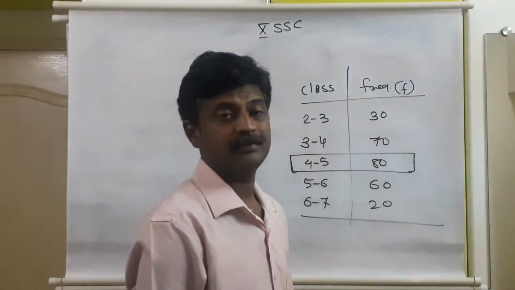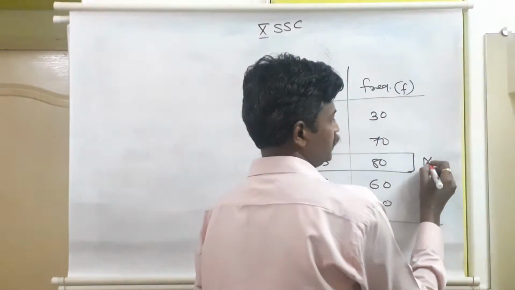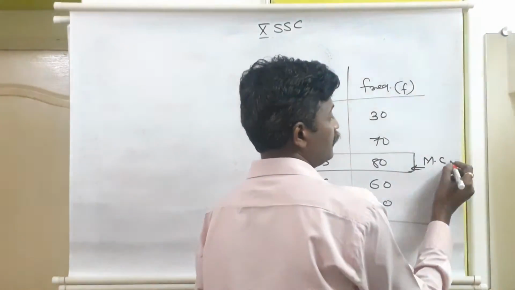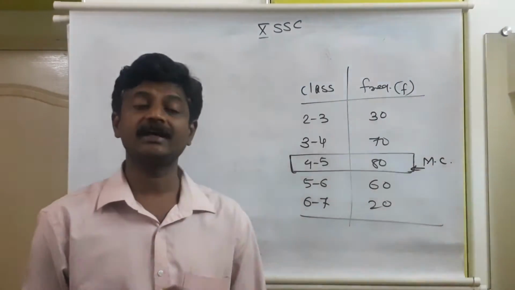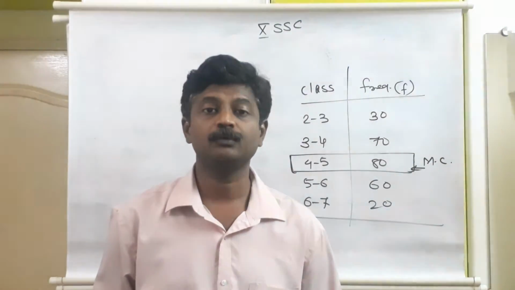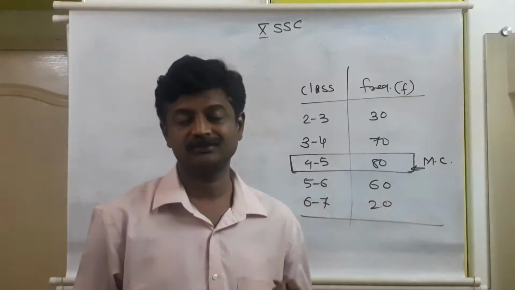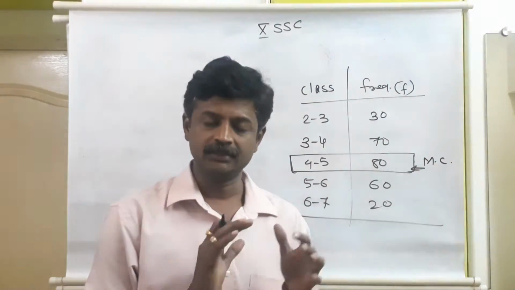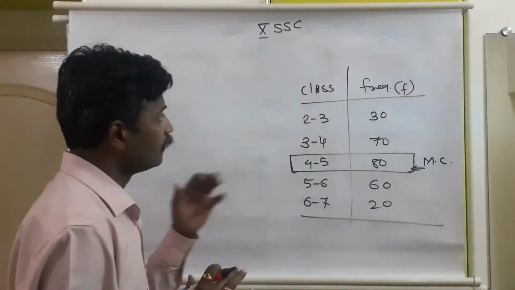So this class will be the modal class. It decides the values L, F1, F0, F2; all the values depend on this. So this is a very important part of the mode.